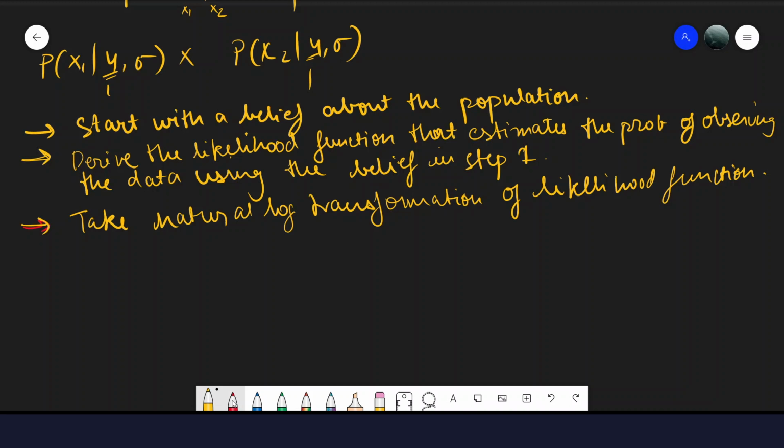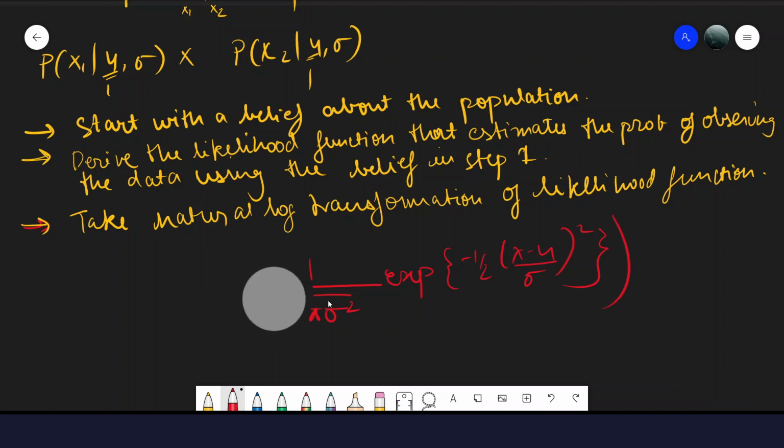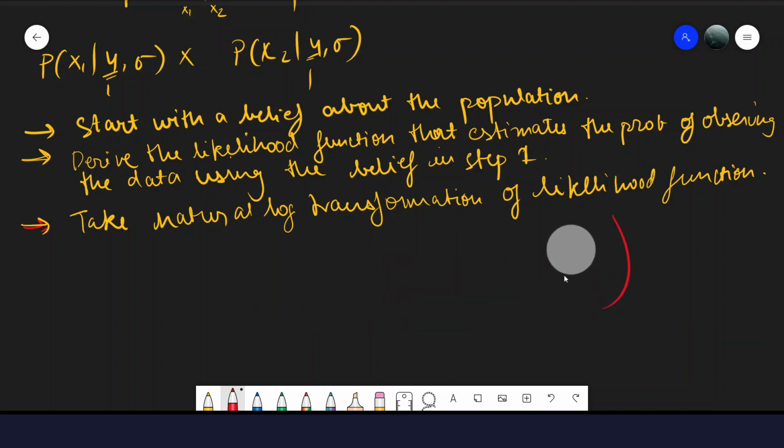So assume that the samples follow the Gaussian distribution, and the likelihood function is this one, with exp of minus half of (x minus mu by sigma) the whole square. I would take the natural log of this, which is ln. It helps me solve the equation faster, and I'll explain why.